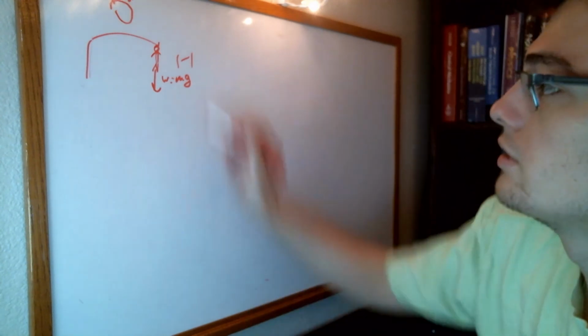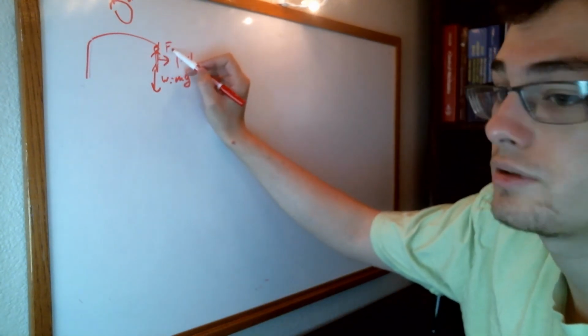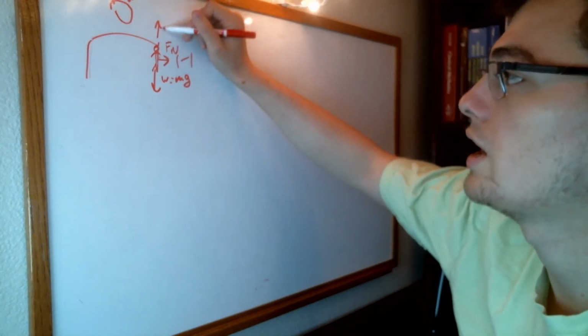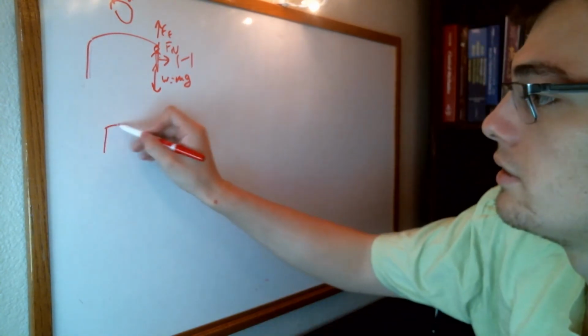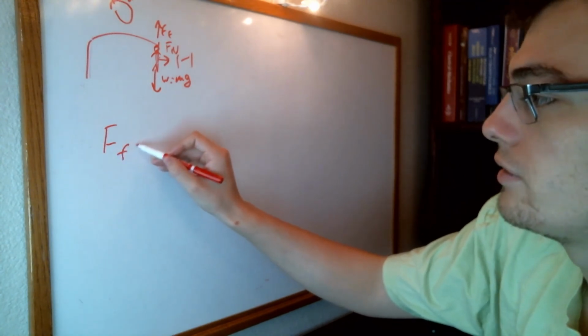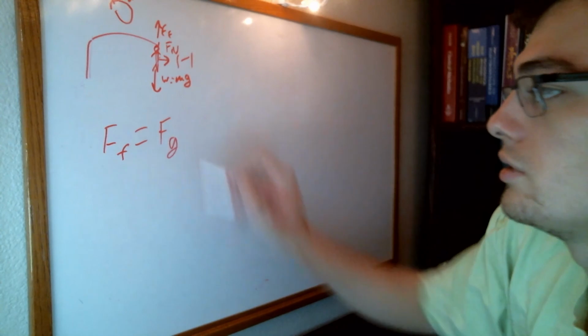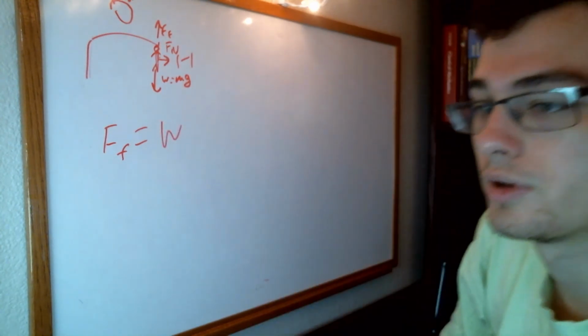And so then Fn is going to be pointed in this direction. And in this case, F is going to be pointed upwards here. So we have to make sure that F friction is going to be equal to the force of gravity, which is just equal to W.